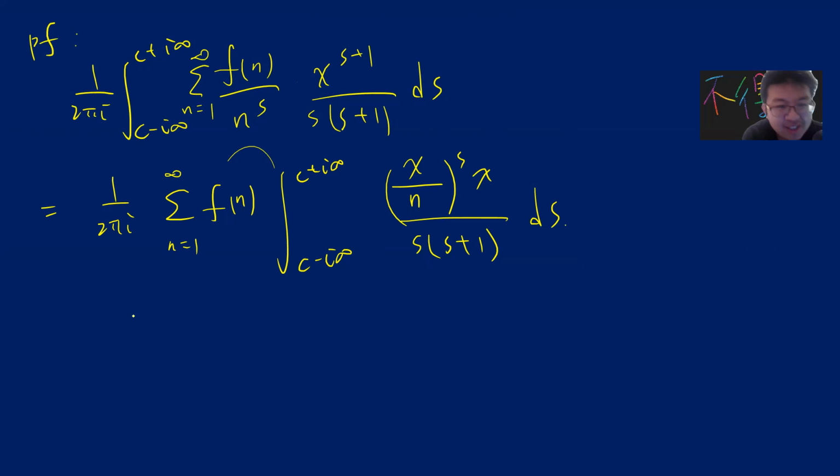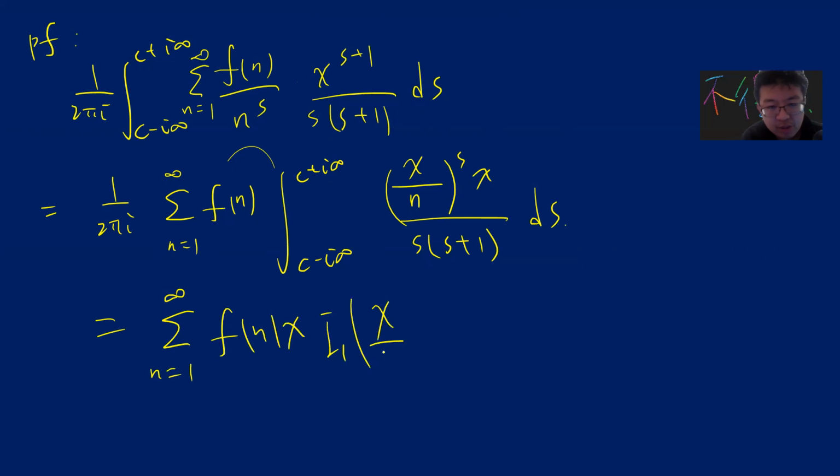Okay, so for this part you do the residue, right? You use the theorem. So this is I1, which tells you that this is just the sum over n from 1 to infinity of f of n times I1 of x over n. This part is non-trivial: it is only 1 minus n over x if x over n is greater than 1.